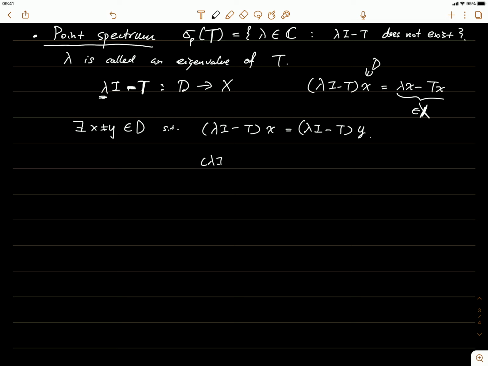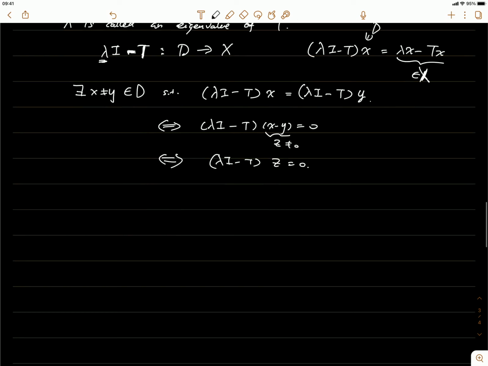Then we have lambda I minus T applied to x minus y equals 0. Call this z, and I know that z is non-zero. That means we can find some non-zero element z such that lambda I minus T applied to z is equal to 0. In other words, the null space of lambda I minus T is not the trivial zero space.